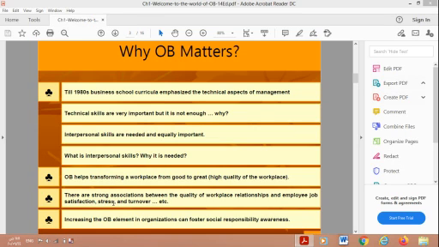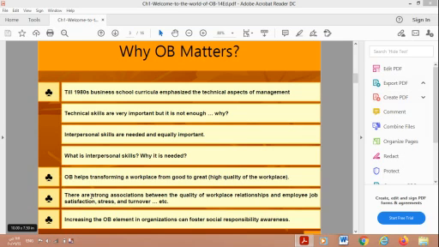There is a strong association or relationship between the quality of workplace relations and the employees' job satisfaction, stress, or turnover. So there is a strong relationship between the quality of the workplace that we work within and job satisfaction, stress, or turnover. Why?